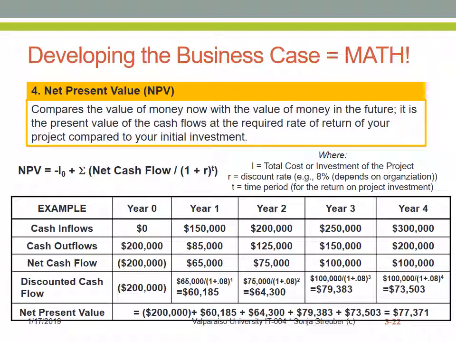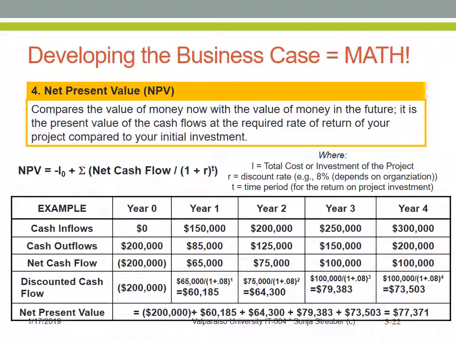In year 1, we are expecting $150,000 of cash inflow and $85,000 of cash outflow for, say, product maintenance, for example. And so our net cash flow is 150,000 minus 85,000, and that gives us a net cash flow of $65,000.